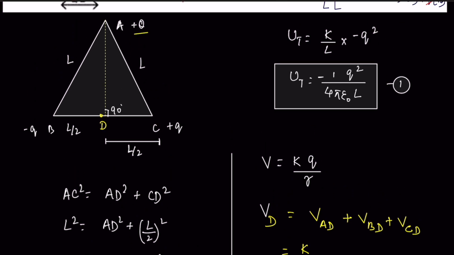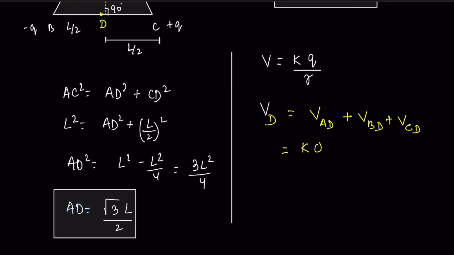Capital Q. So Q by the distance AD we got just now, root 3 L by 2.